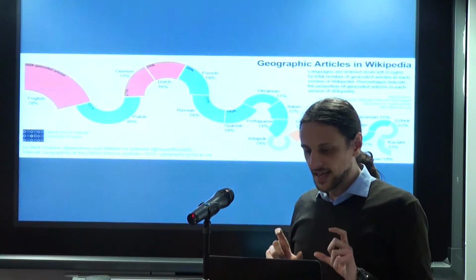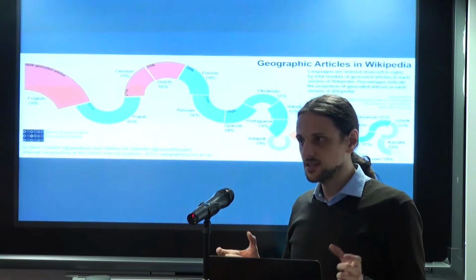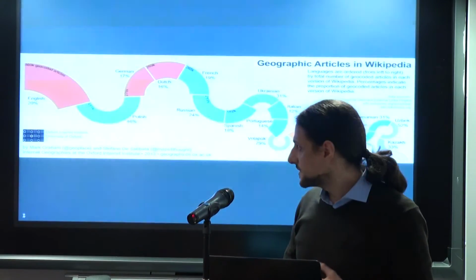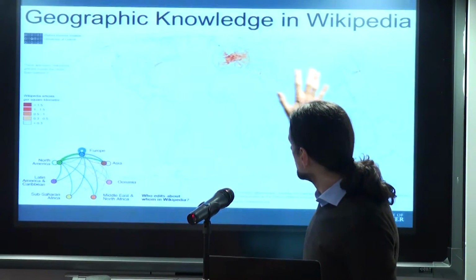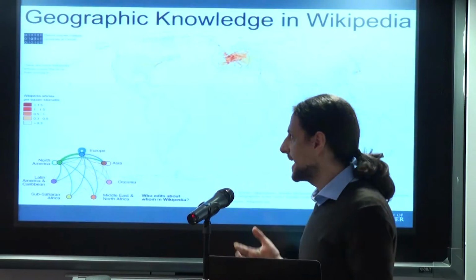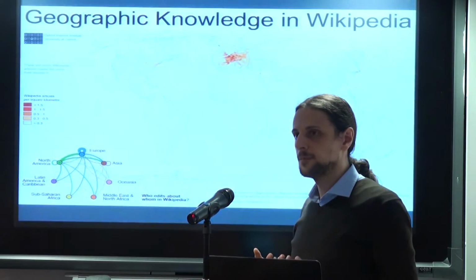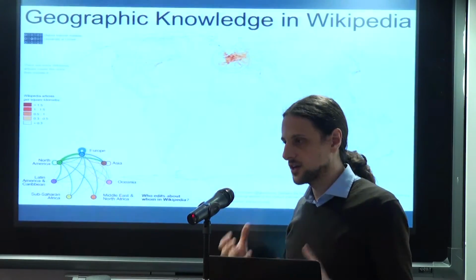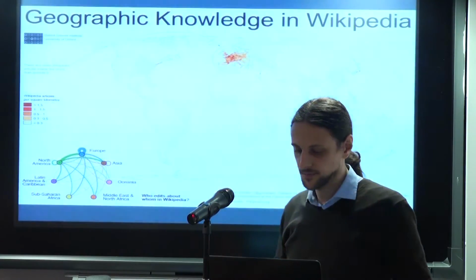Now, the next step is to put this into a broader context, okay? So we have seen that the geotagging in Wikipedia has certain geographies itself. So there is very much a density, a concentration of data in Europe.